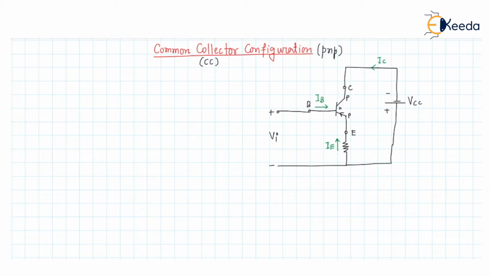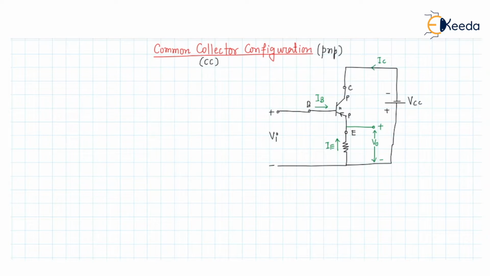So the output voltage will be taken across the emitter. So this is the output voltage. It must be remembered that in the common collector configuration, the output voltage is taken from the emitter terminal. So this is the positive and this is the negative terminal.